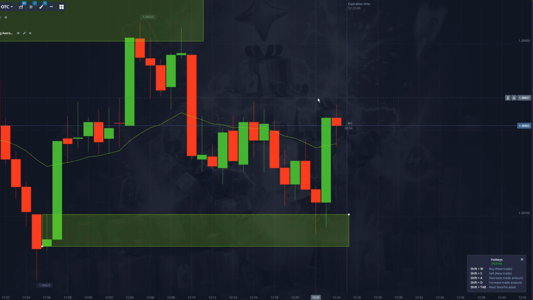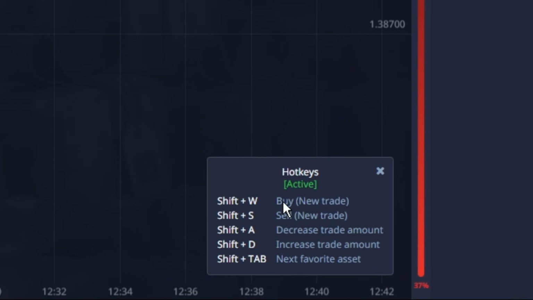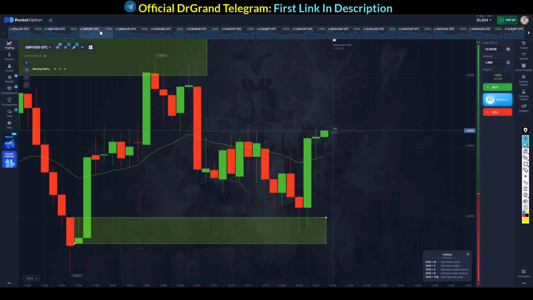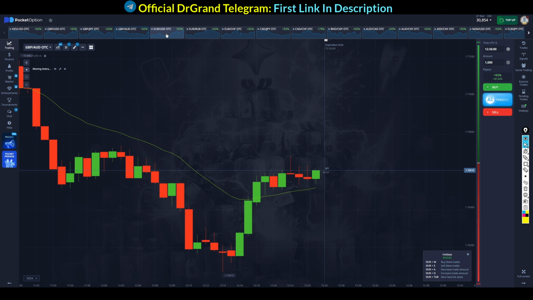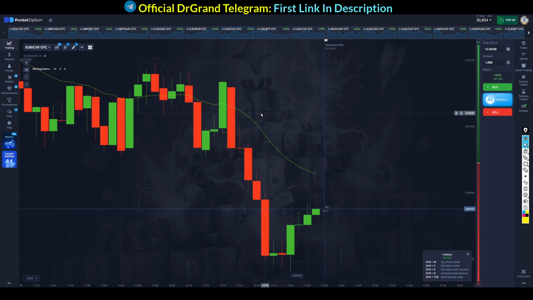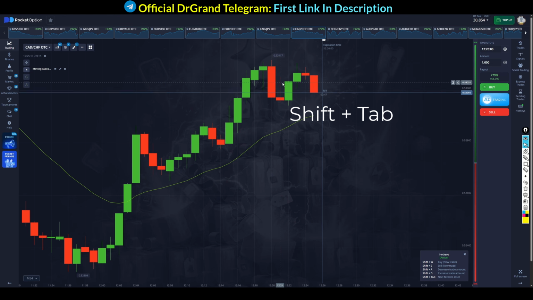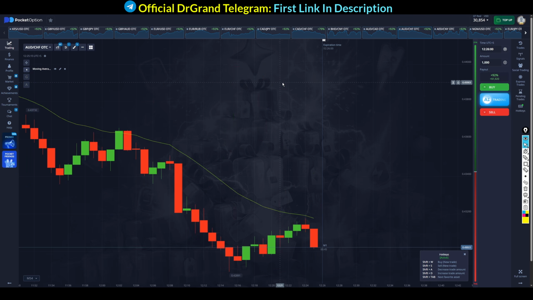In this session, I just discovered something before even starting the session, and it's the hotkeys. If you activate this, instead of going manually between pairs like this, you can just click shift and tab on your keyboard and it will switch to other pair, and that's very convenient.